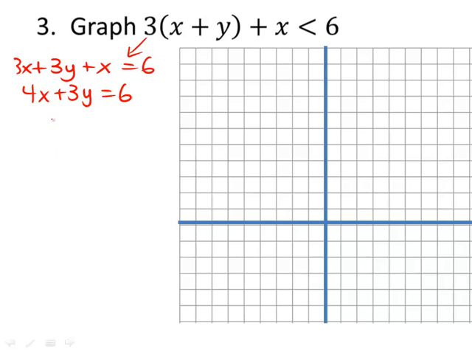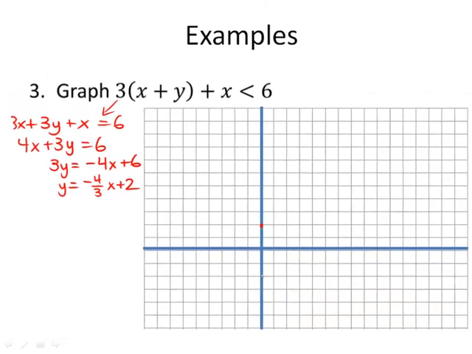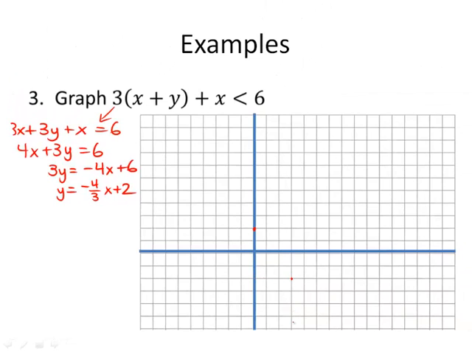We want to get the x over to the other side, so 3y is equal to negative 4x plus 6. Divide everything by 3, you get y equals negative 4/3 x plus 2. So we're starting at positive 2, we're traveling down 4 over 3, down 4 over 3, or up 4, left 3, up 4, left 3.